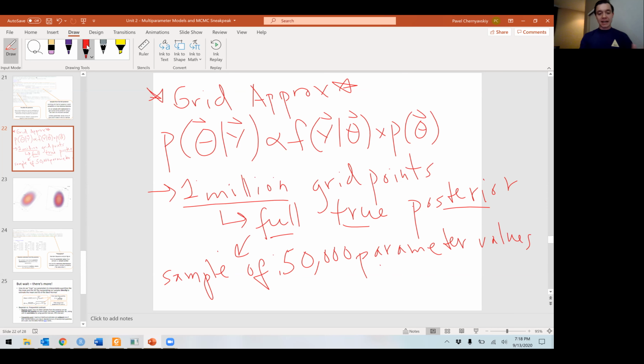And that provides a look at the posterior. That provides an estimate of the full posterior.